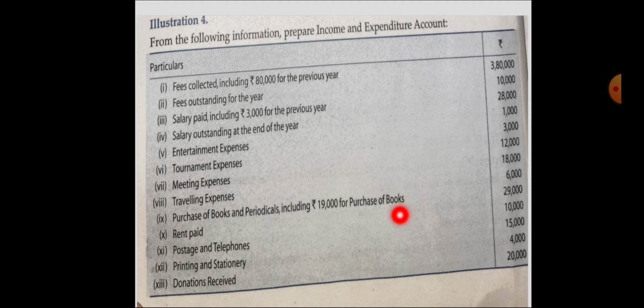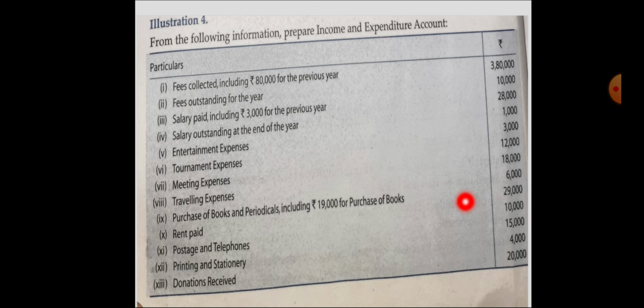So children, here what you have to understand is books will be regarded as an asset. We have studied that purchase of fixed asset will not be recorded in income and expenditure account. Only the revenue type expenditure and income will be recorded. Here, since book is a fixed asset, we will not record this 19,000.